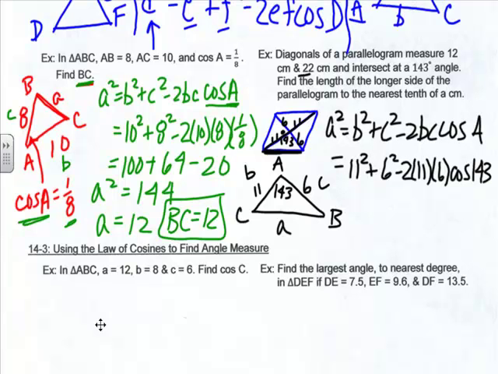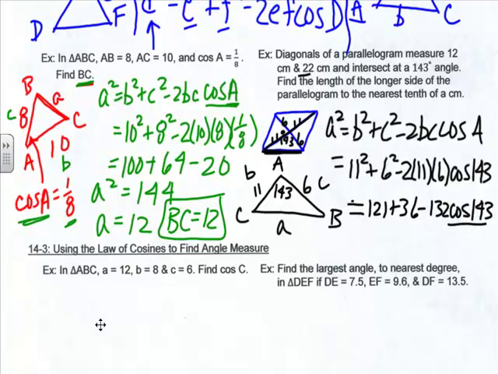And see, in this situation, you've got to make sure you're in degrees or you're going to get an incorrect answer. So, let's see, that's not 36. We'll go ahead here. This is 121, put it in the right order, plus 36 minus 132 cos 143.